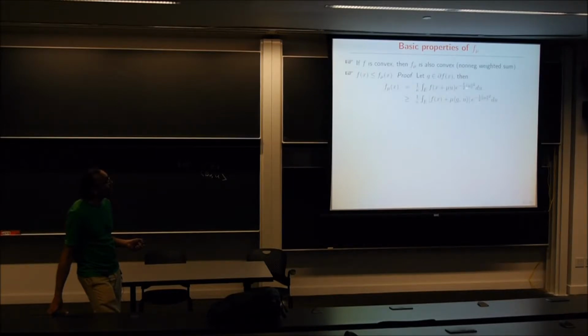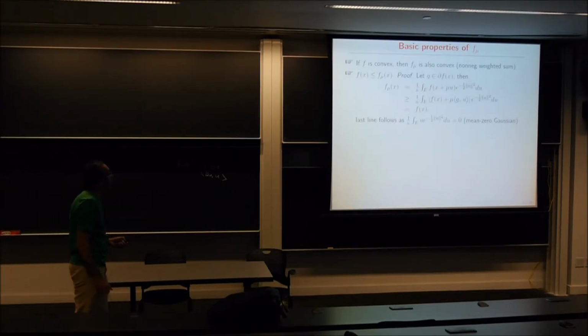And because everything is non-negative, you can still continue writing that inequality. And now, a very nice thing happens. It's a mean zero Gaussian, so the linear term disappears. And by now, in this class, including the stuff that Alex has talked about, you have maybe exploited the mean zero Gaussian too many times already. So this is another example. So that's good.